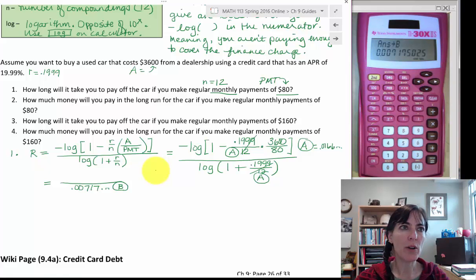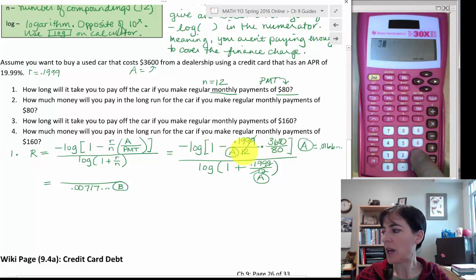So now I have the denominator, I need to work on the numerator. In the numerator, I see that I have the 0.1999 divided by 12, which I already know is stored in A. I need to multiply by the 3,600 over 80, so I'll take care of that right now. So I can do the 3,600 divided by 80, and I get 45.